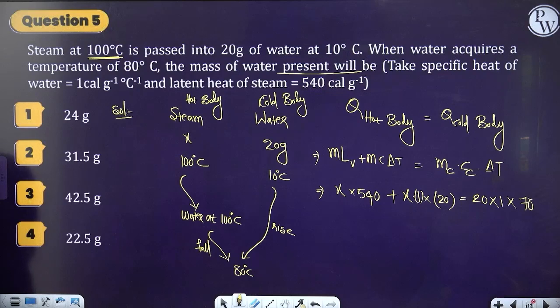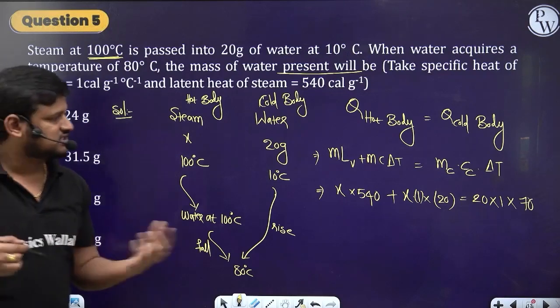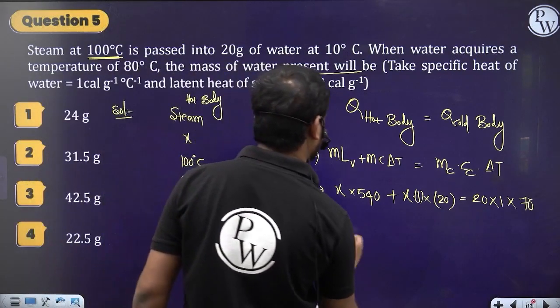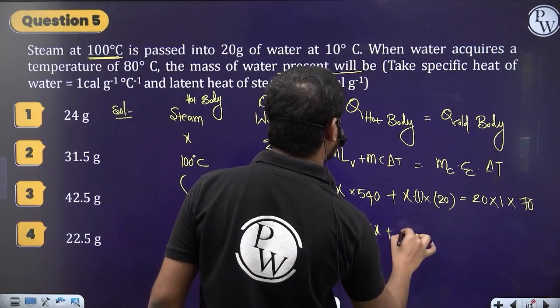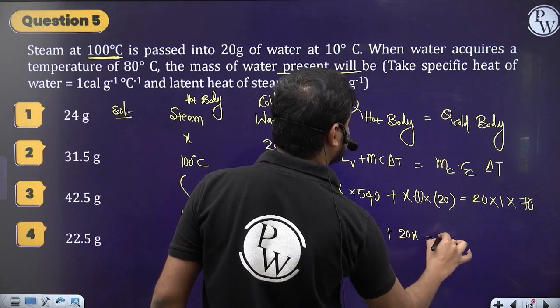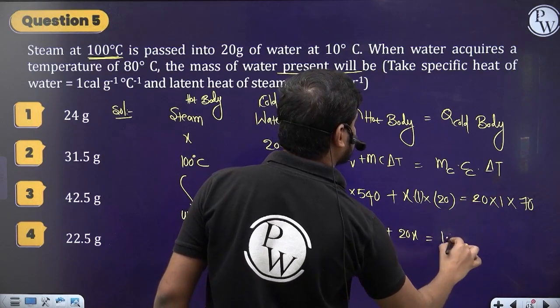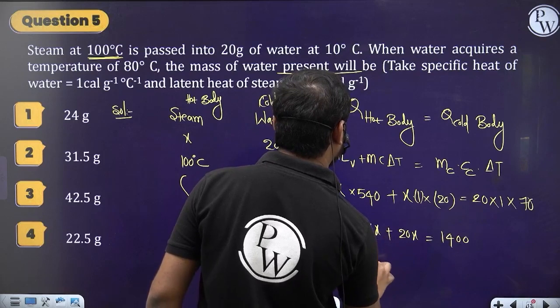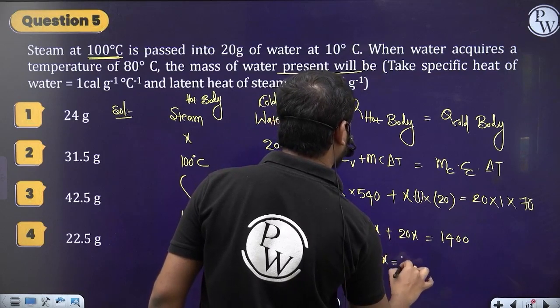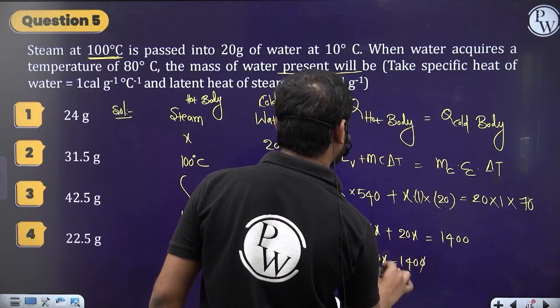First, do the calculations. Here X into 540, X plus 20X is equal to 1400. So I can write this as 560X equals 1400. Here 0, 0 cancel.